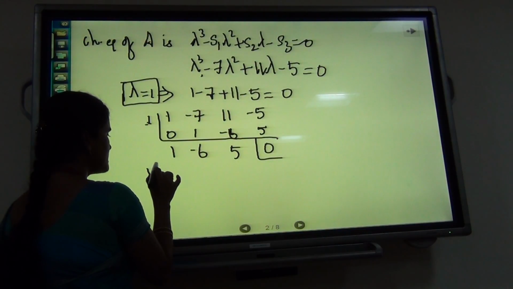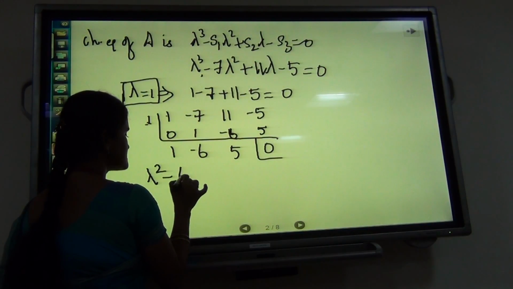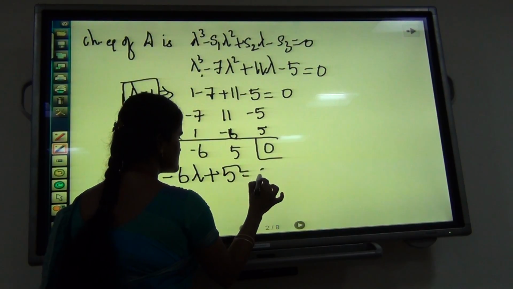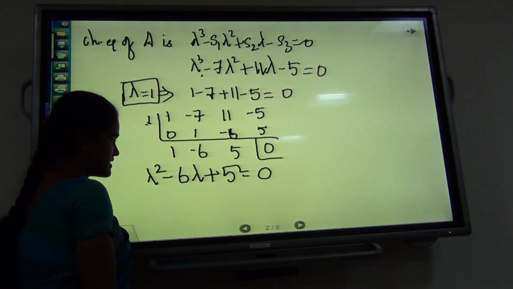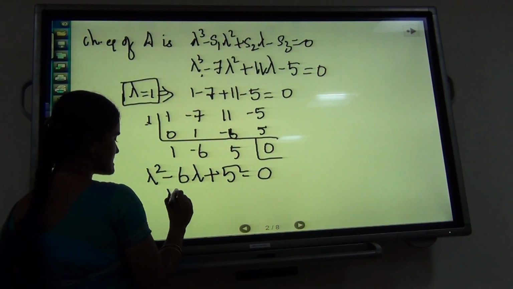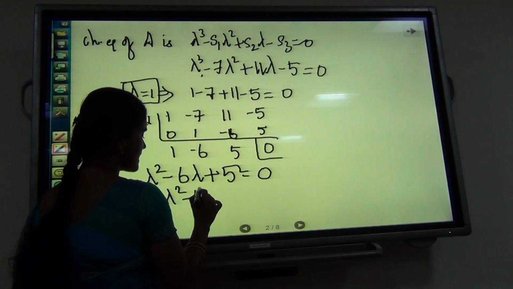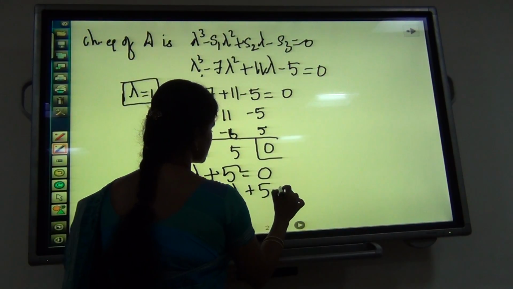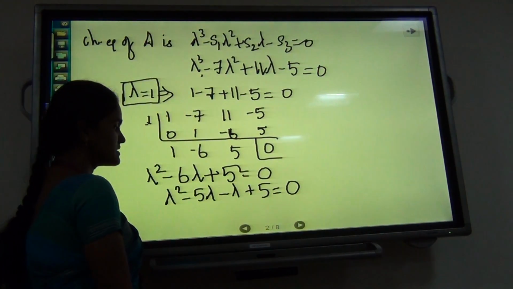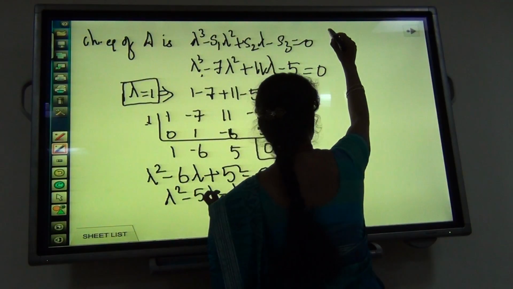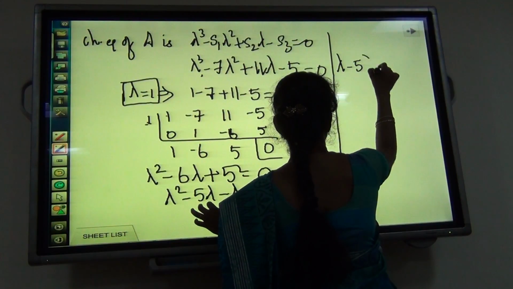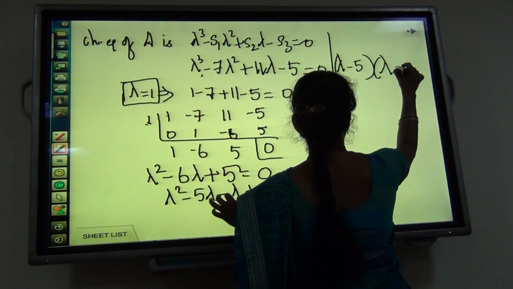Now this will be lambda square minus 6 lambda plus 5 is equal to 0. On solving this, you can split it as lambda square minus 5 lambda minus lambda plus 5 is equal to 0. In this case, the factors are lambda minus 5 and lambda minus 1.